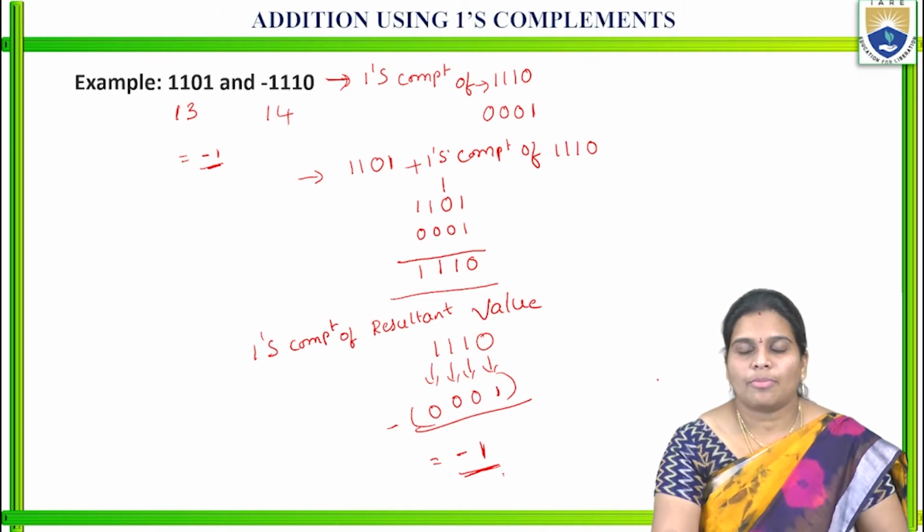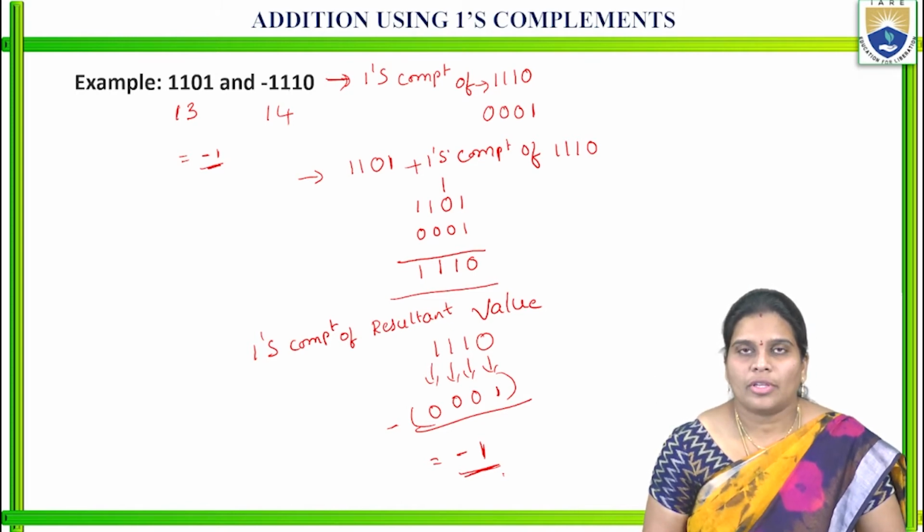Okay, so this is the procedure for addition using ones complement. We have only two cases: greater number minus smaller number, and smaller number minus greater number. We apply the same procedure for both cases. First we apply the ones complement of that particular negative value. Then add the original number plus the ones complement of that value.